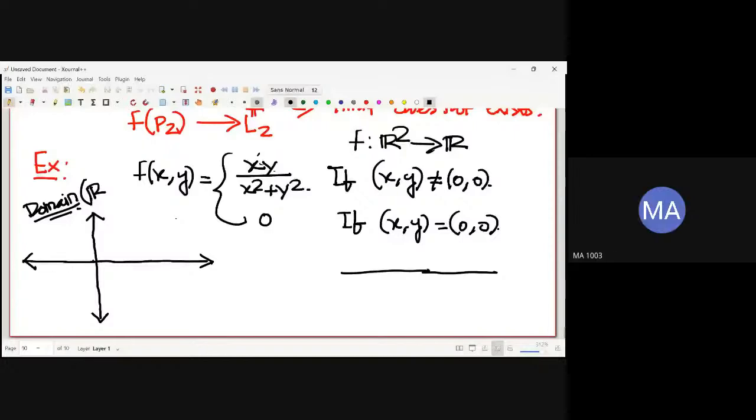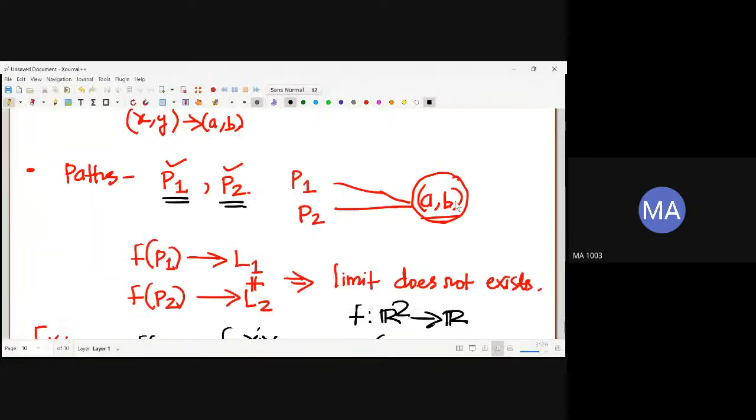Yes, that is what I said. If you can show that there exist two paths P1 and P2, and when you are coming to this point (a, b) using two paths, the value of the function is approaching two different things, in that case you can say that the limit doesn't exist.